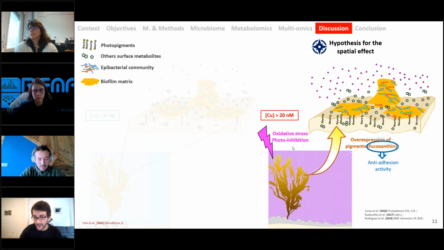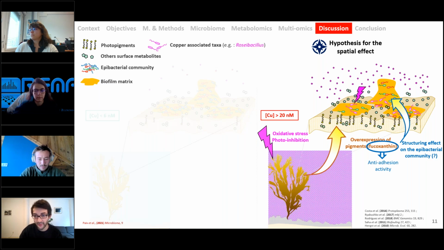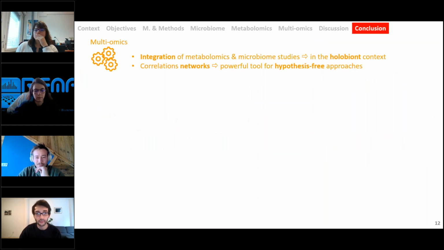And this fucoxanthin is really interesting because we know that these compounds at the surface can also have an anti-adhesion activity against some bacterial communities at the surface of the algae. So there is maybe an indirect effect on the microbiome, but we also have to consider a direct effect of the copper on the microbiome, with some taxa which could be favored due to their own antioxidant strategies.